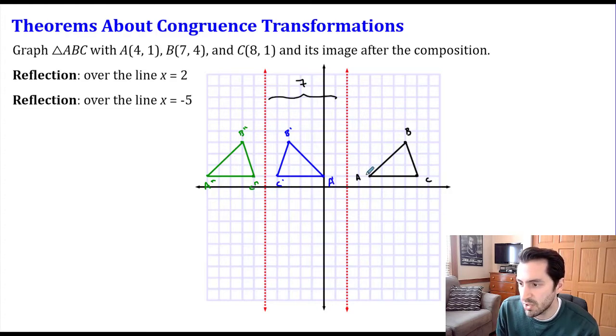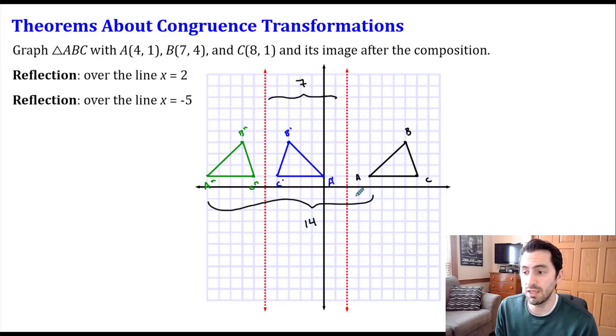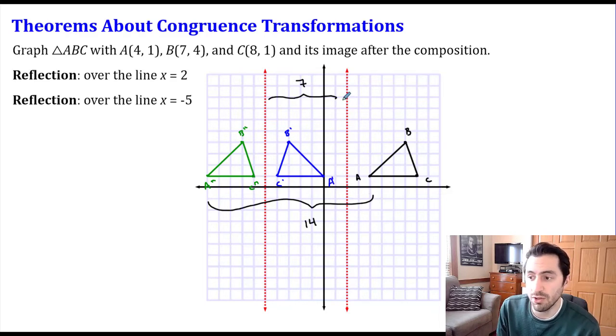So I'm just going to take a look at how far away A and A double prime are. So if I just count, we got 1, 2, 3, 4, 5, 6, 7, 8, 9, 10, 11, 12, 13, and 14. So the distance between A and A double prime is 14 units, which is double the distance between our two lines of reflection.